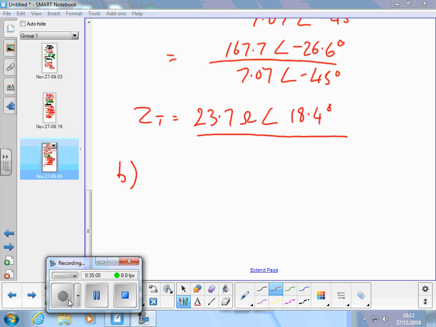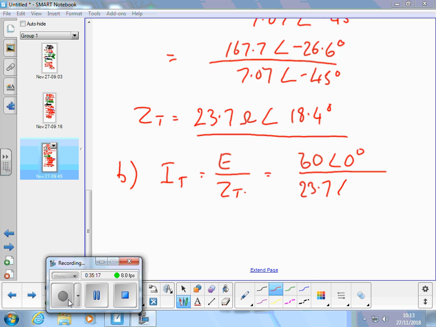B. We can now find IT from E divided by ZT. That's 60 angle 0 divided by 23.7 angle 18.4.